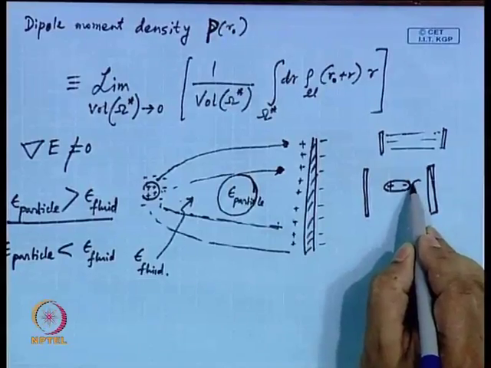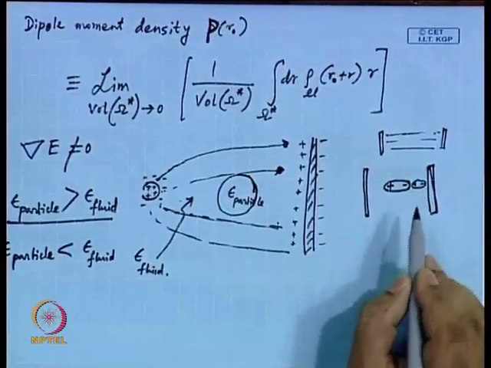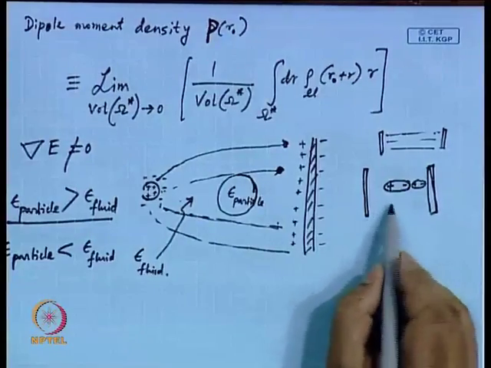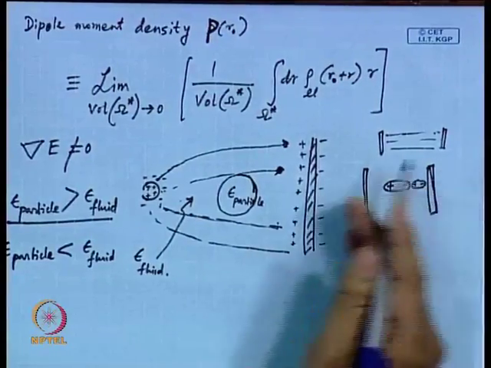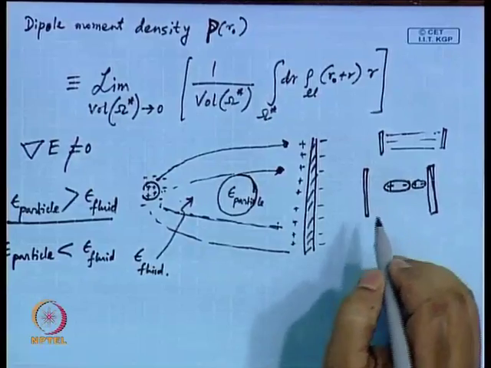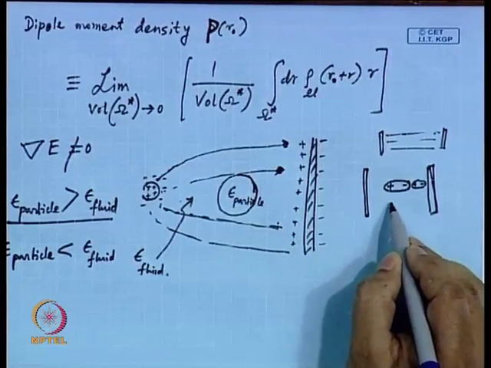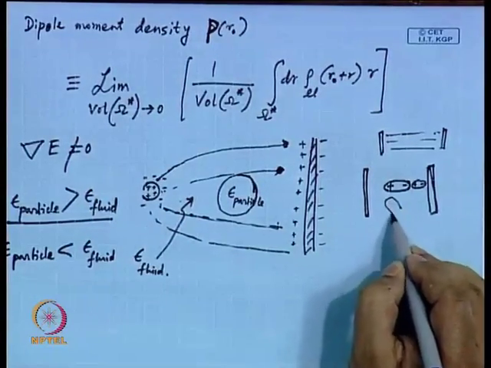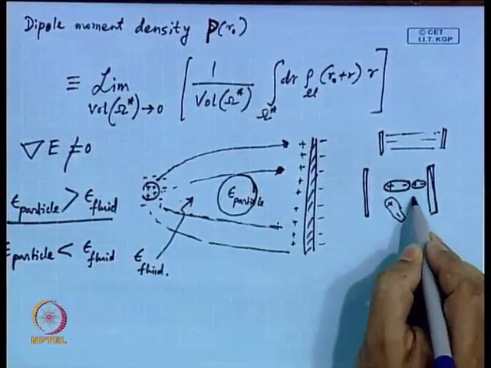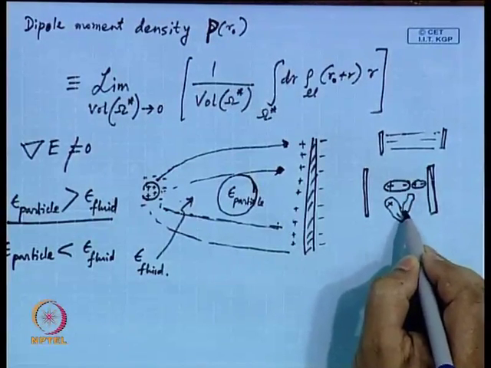Another dielectric particle will align again here, plus and minus, another would align here. Originally, when the electric field was not applied, these were oriented in a random manner.